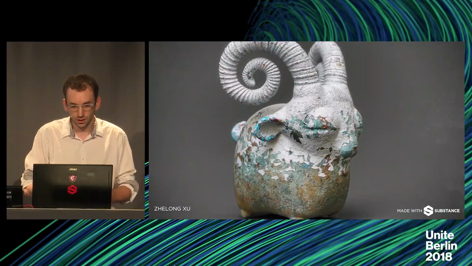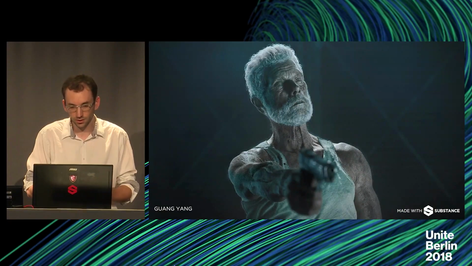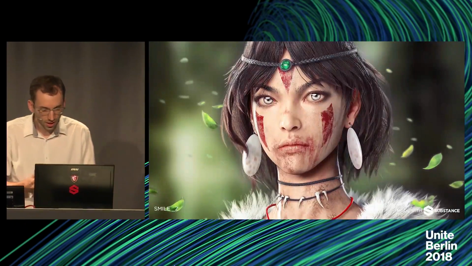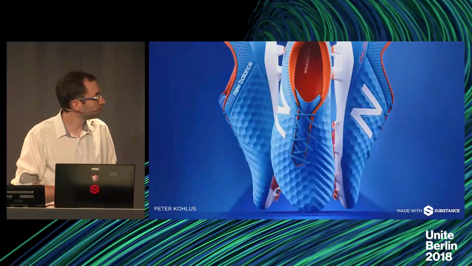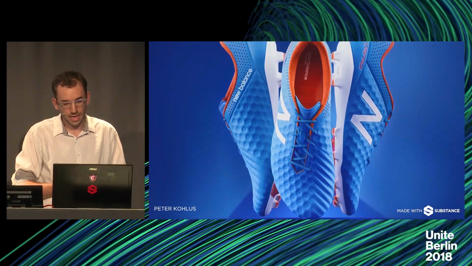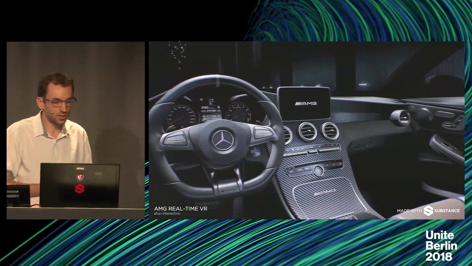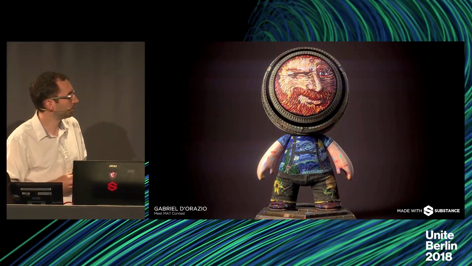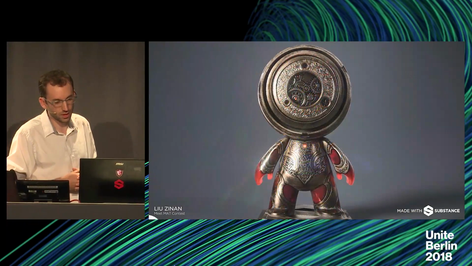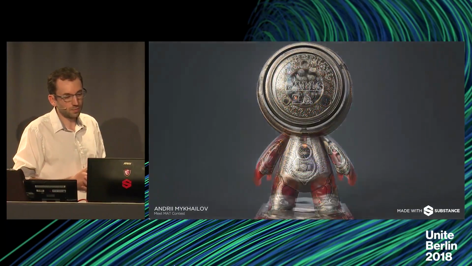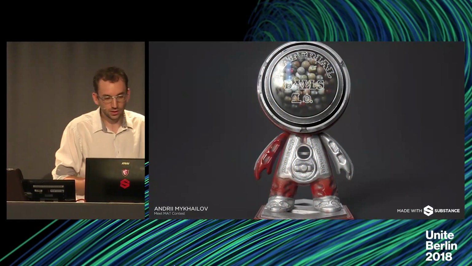It's just a matter of the imagination of the 3D artists using it. So you can see in those artworks that the diversity is really wide. And also you can notice that for all of them, the materials and the textures are key in the visual quality that is provided.